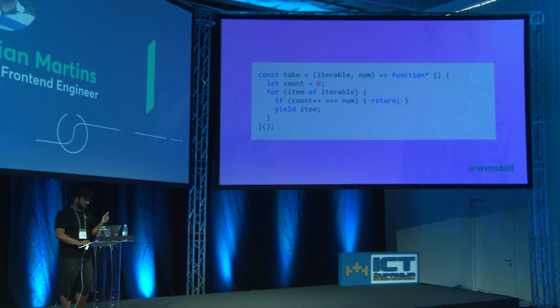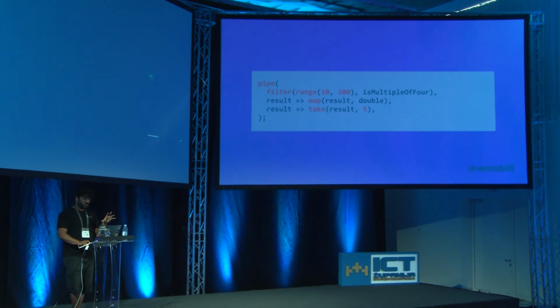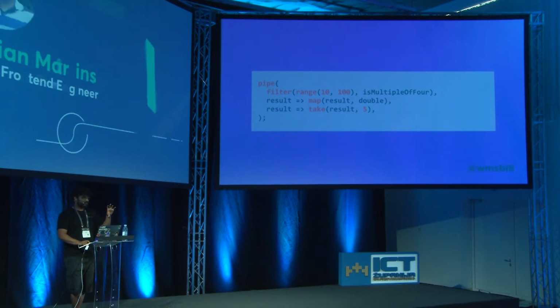And this is our take function. I will explain how all of this works very soon. Putting it all together, this is just like a pipe function, because JavaScript doesn't have a pipeline operator yet. So this is how the function will look.